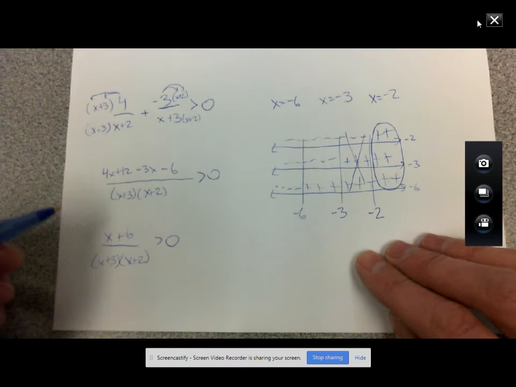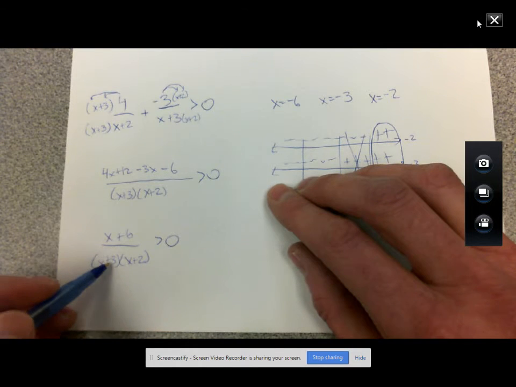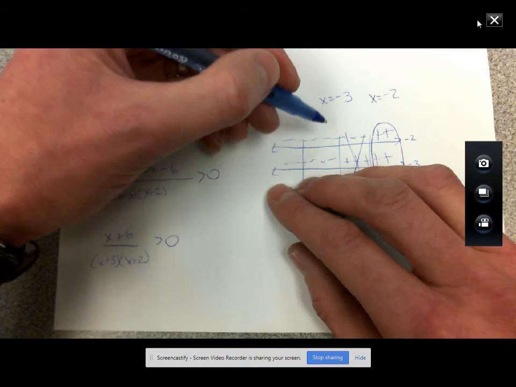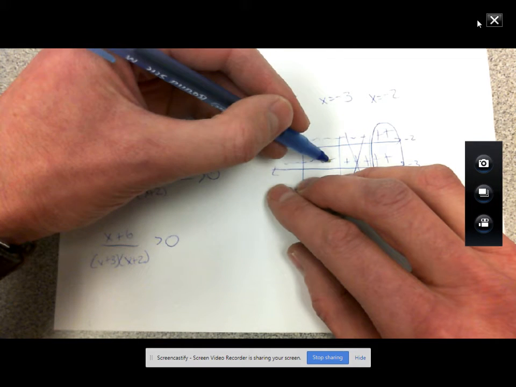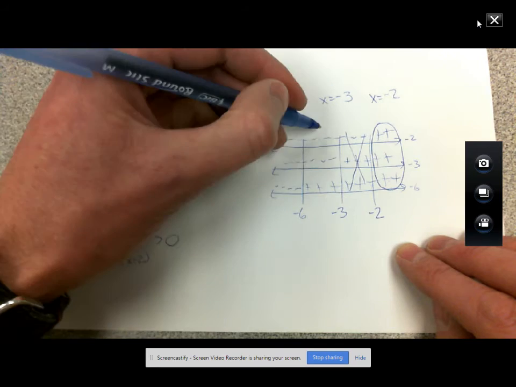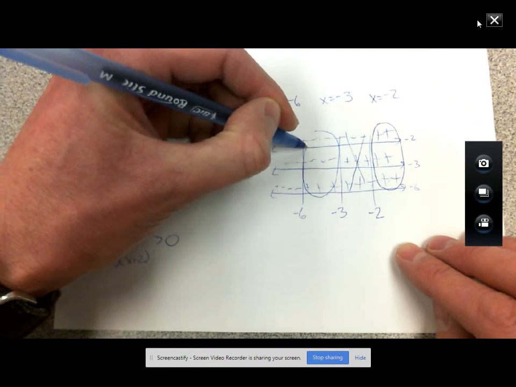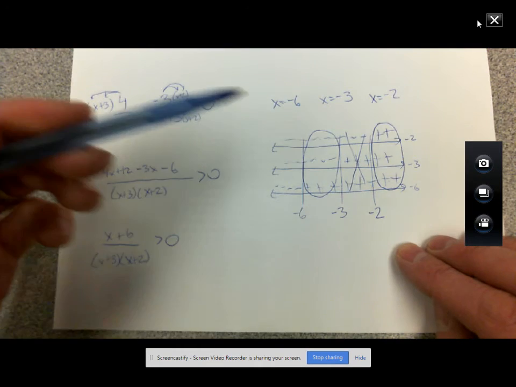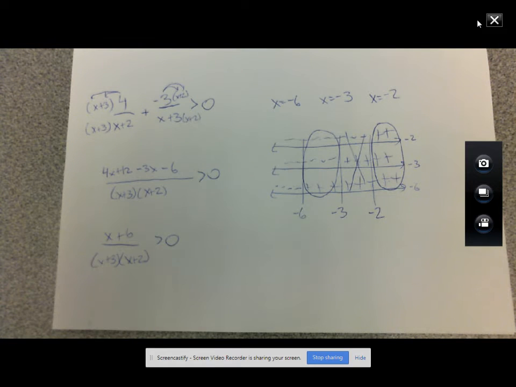Let's keep going. Again, I'll ignore that and say for these two, a negative times a negative is positive, so this will actually be positive. And a positive divided by a positive will be greater than 0. So any number between -6 and -3 will actually give me a positive result, because -4 plus 3 is -1, -4 plus 2 is -2, but -2 times -1 is a positive 2, and -4 plus 6 is a positive 2.